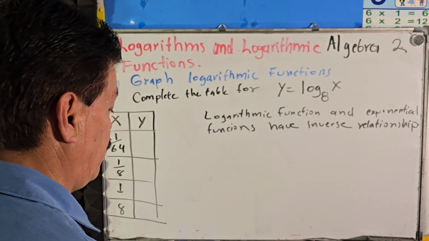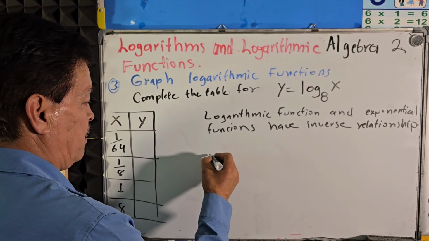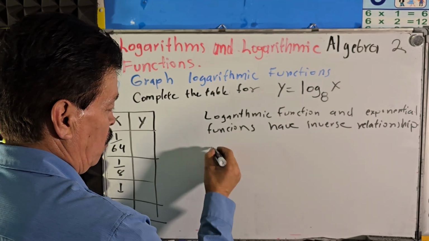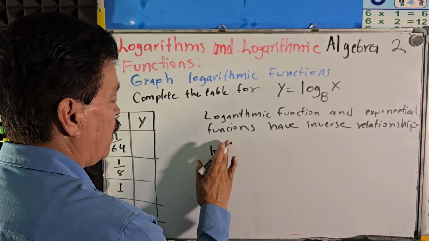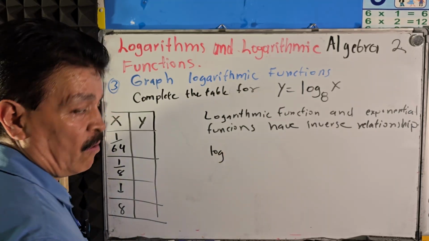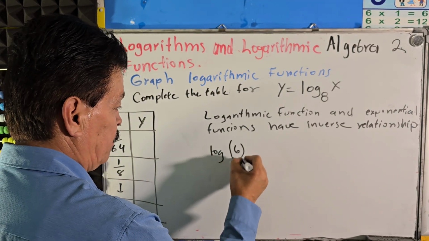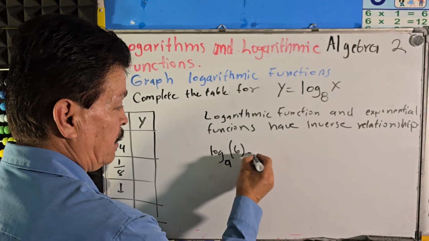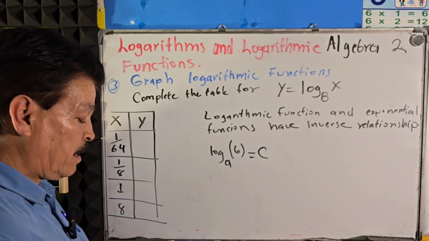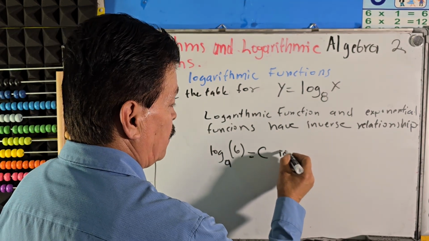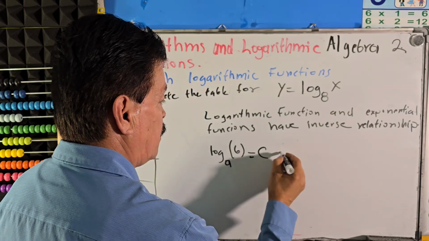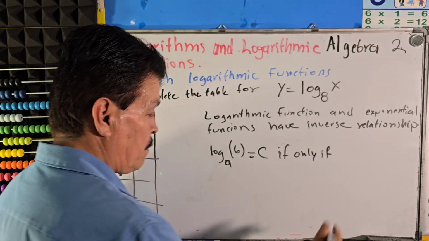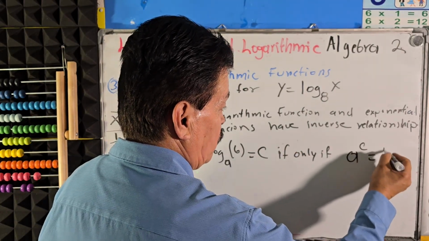This is what I mean: if you have log of b with the base a equals c, if and only if a to the c power equals b.